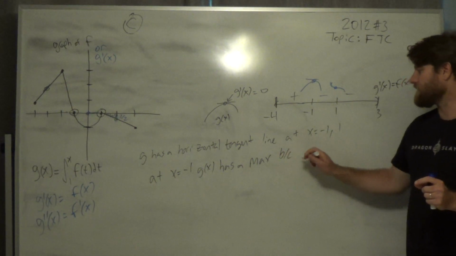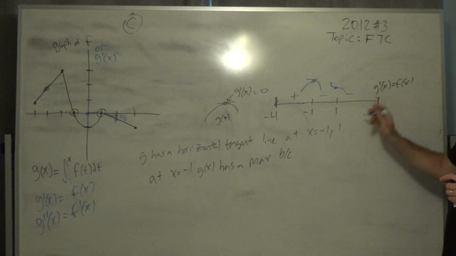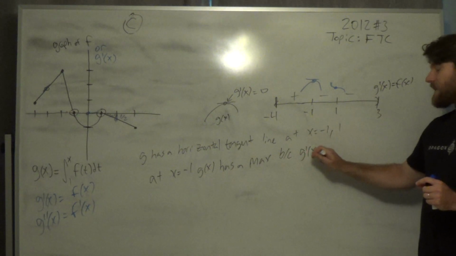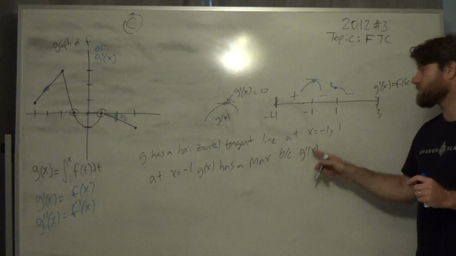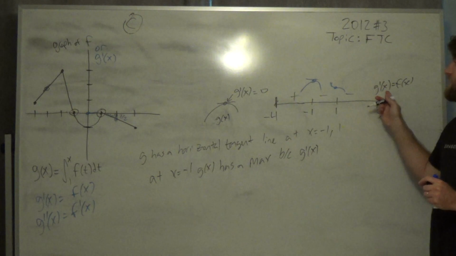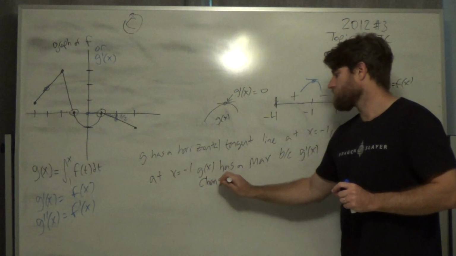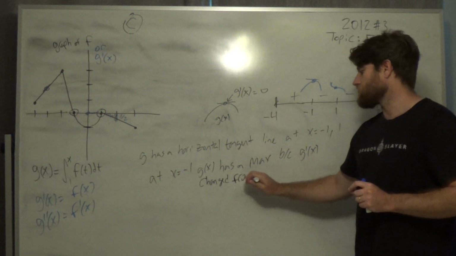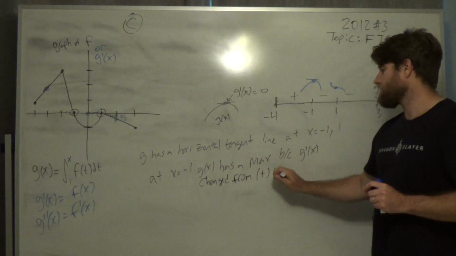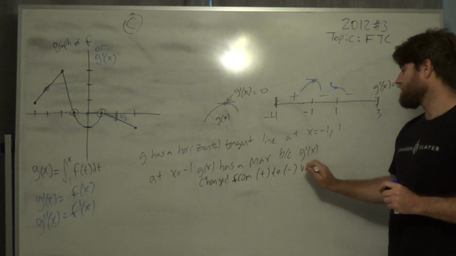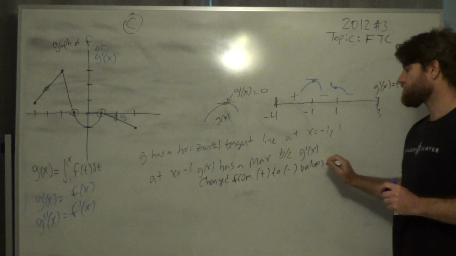So I'm going to look at this chart and say because this g prime x, you got to tell me what graph or what sign chart you looked at. So because g prime x changed from positive to negative values.